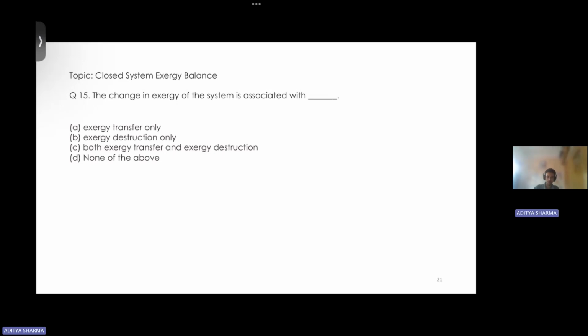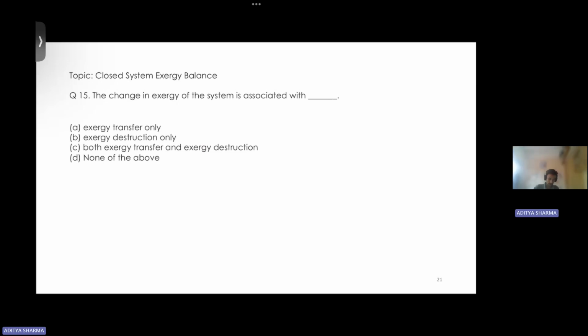So if we see the options, it says it is because of exergy transfer only. The next option says that it is because of exergy destruction only.